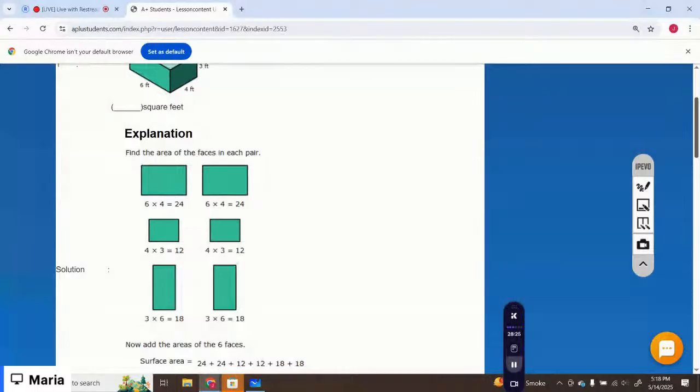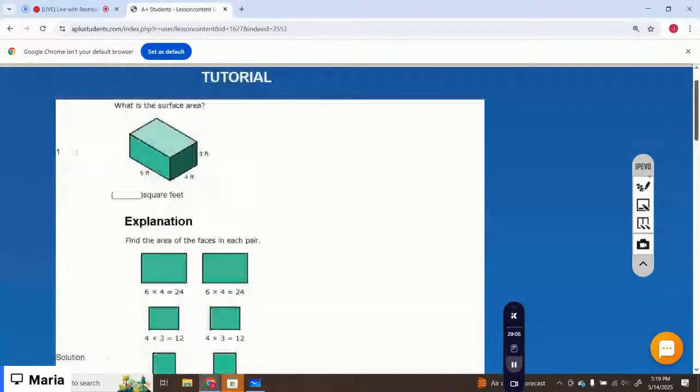Just calculate the surface area of all the faces and then add. Let's just start with the test questions.